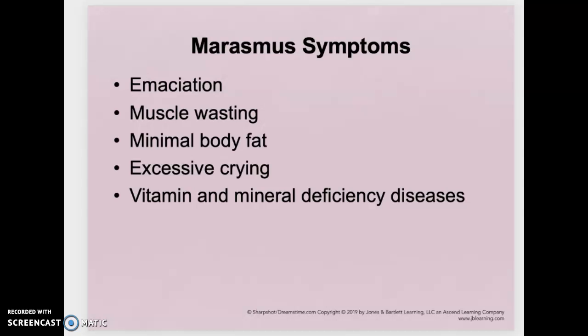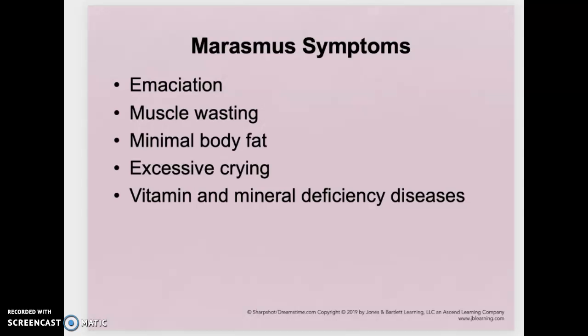In contrast, marasmus is more the combination of inadequate calories and inadequate protein. Here you'll see emaciation or muscle wasting, minimal body fat, and they look thin already. For kwashiorkor, an example you would commonly think of is a child in the desert, right?